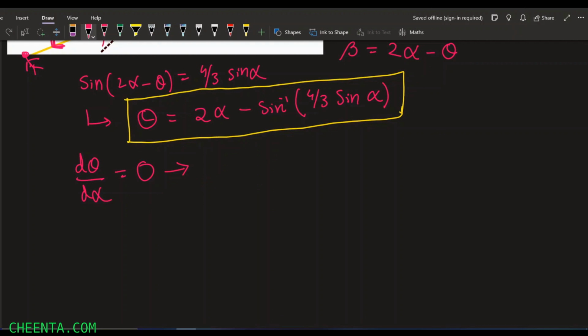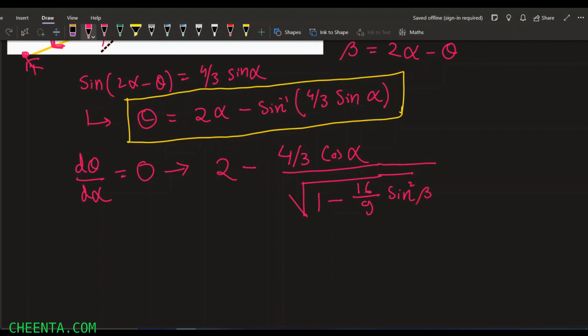So let's do the derivative, and if I do the derivative, I will get 2 minus 4 by 3 cos alpha over root of 1 minus 16 by 9 sine square alpha, and it is equal to 0.